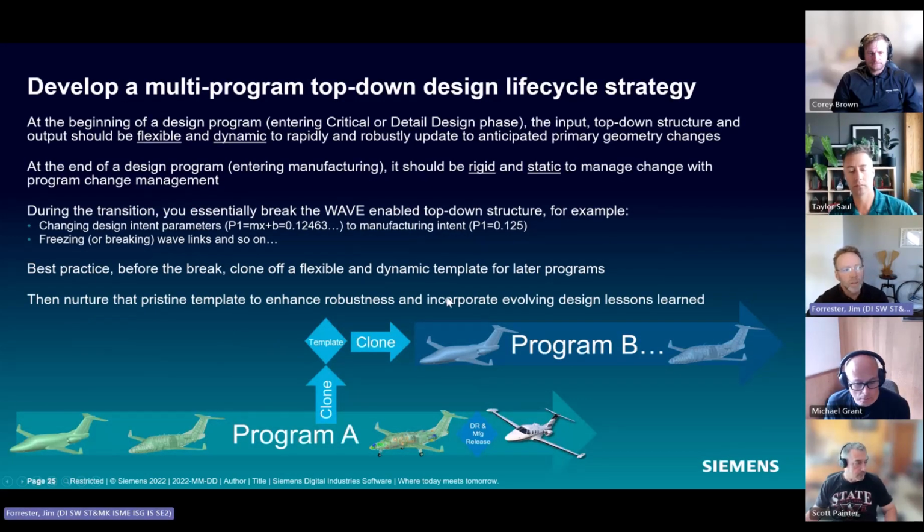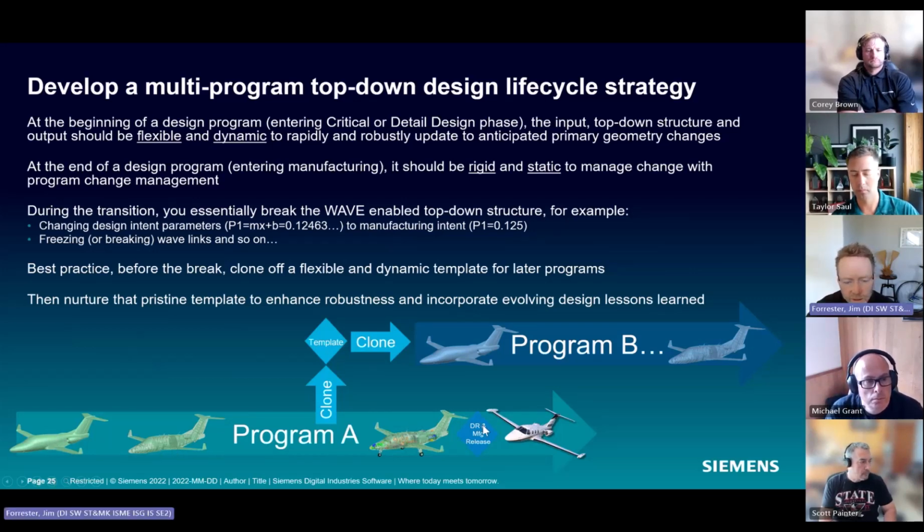In the long term, you can use Wave to develop a multi-program top-down design life cycle. Here is an example of program A, where we've gone through the primary geometry, the structure, the bottoms-up structure, and it's gone through design releases, and it's a plane.